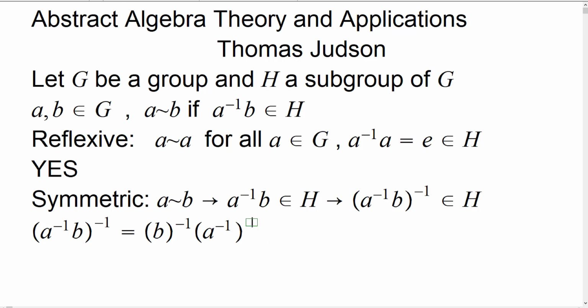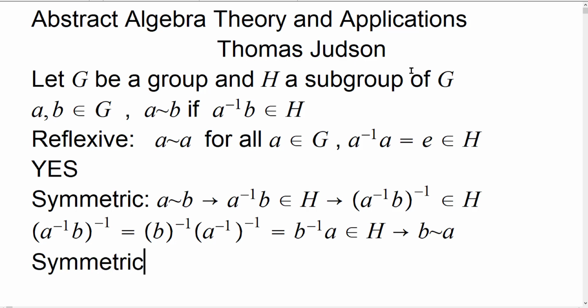So this is going to be B inverse, and A inverse inverse would simply be A, and that belongs to H. And this means B is related to A. So the answer to symmetric is yes, it is symmetric.